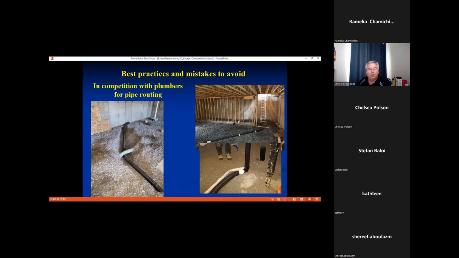So sometimes we're better off to come in after. But in certain cases, we may have to go under their pipes. We may have to go around their pipes. If you're using the white SDR35 or the BNQ pipe, it's hard to get around obstacles like that. So again, this is where perforated pipe helps us a bit to get around.